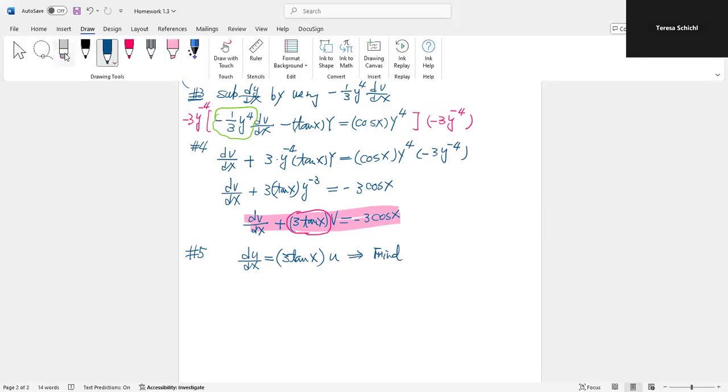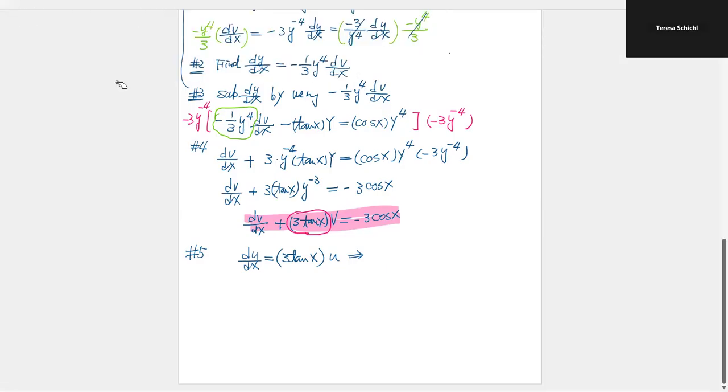We solve for u, so we will have du over u, using separation, equal to 3 tan x dx. The left-hand side gives you ln u, and then the tangent x.